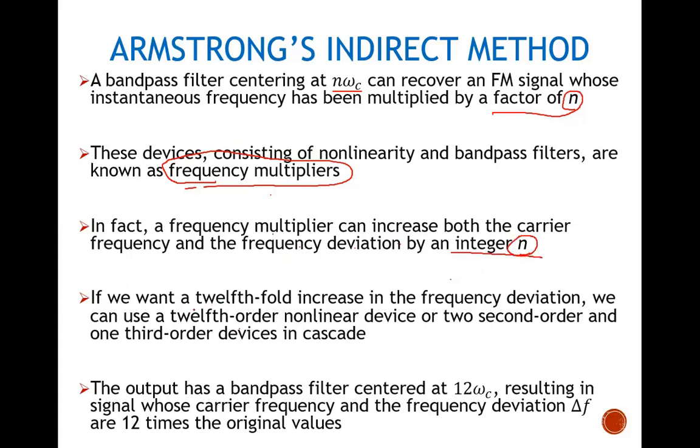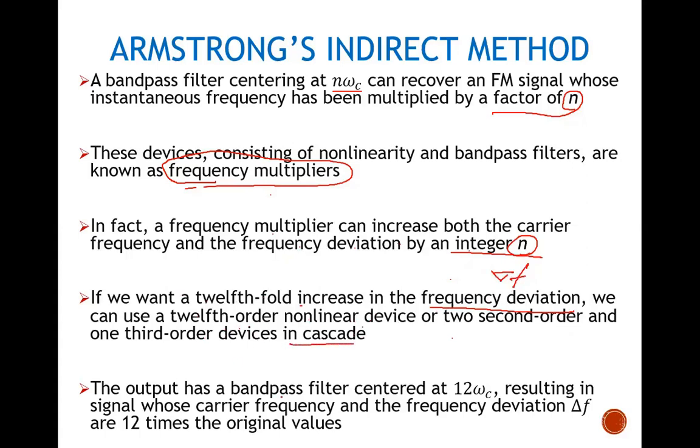Let's say we want a 12-fold increase in the frequency deviation, delta f. We can use a 12th order nonlinear device, or one second order and one third order device, and they can be used in cascade.